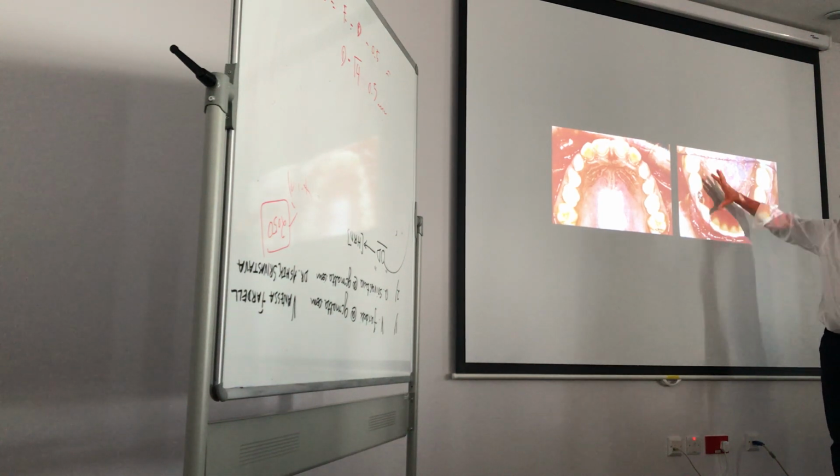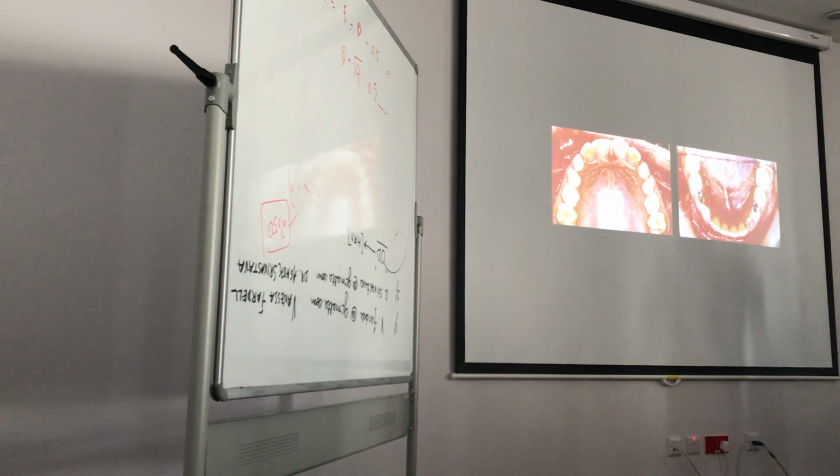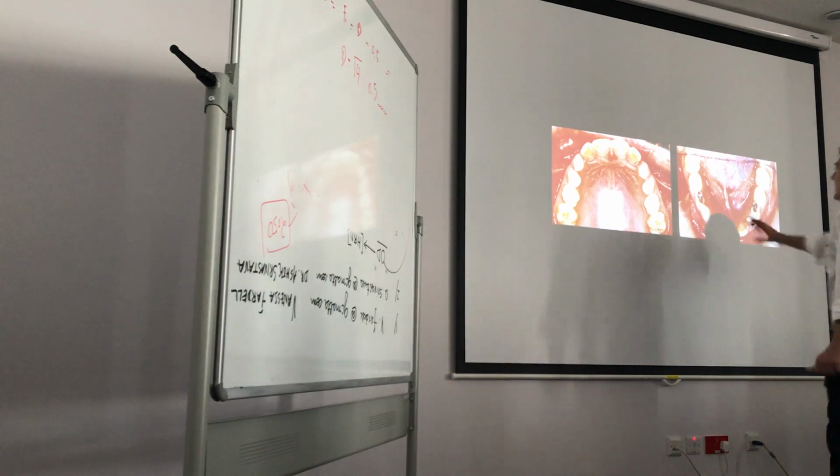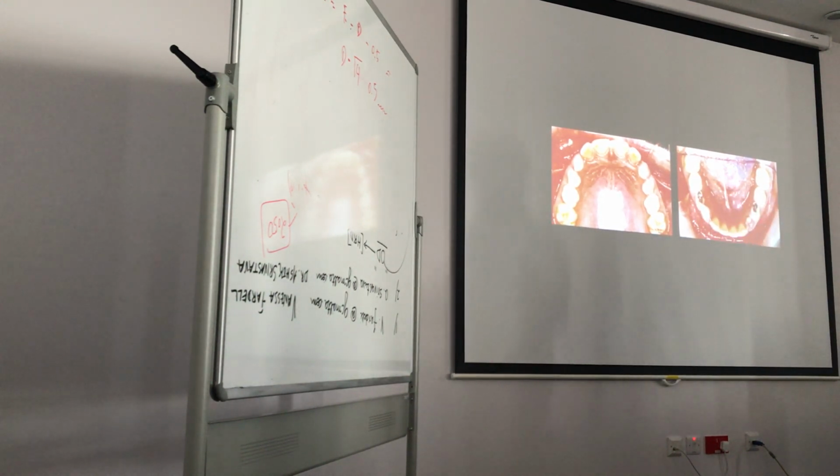So the deciduous teeth are occupying more space than permanent teeth. Gianelli was saying it is the biggest, hugest space gain during all growth of the face for orthodontics. This is the biggest space that you can get.